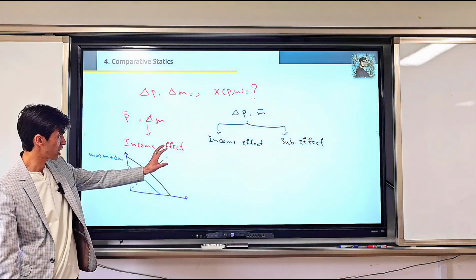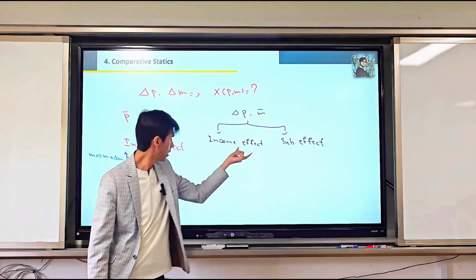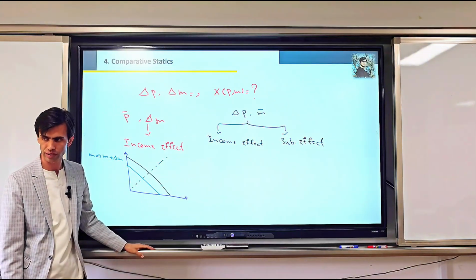In case of price change while the income is fixed, we have both income effect and substitution effect. But in case of income change while the price is fixed, we only have income effect.